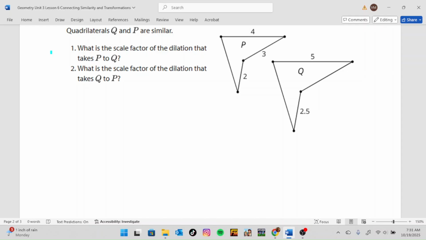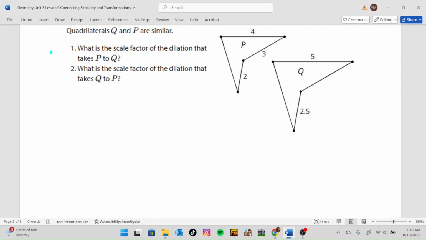Quadrilaterals Q and P are similar. Notice they said similar, not congruent, because they're the same shape, but they're not the same size. Number 1, what is the scale factor of the dilation that takes P to Q?